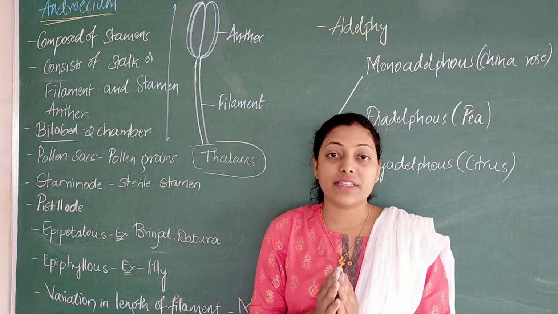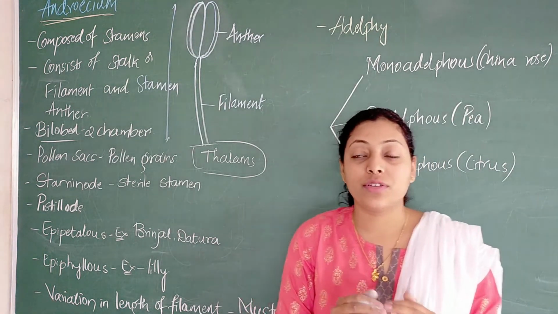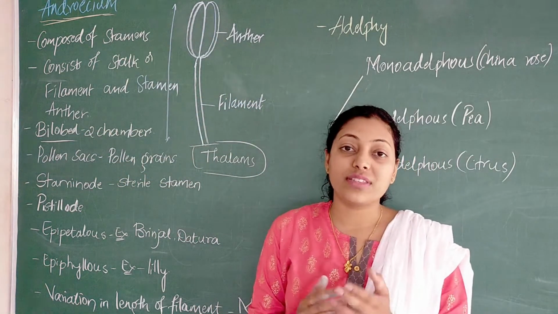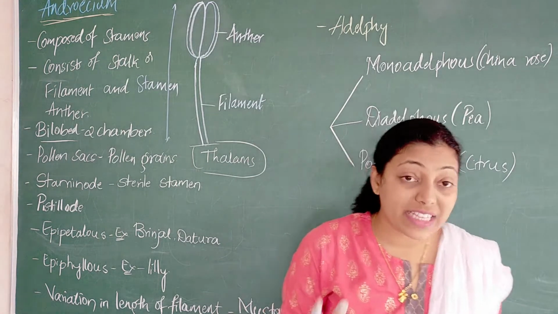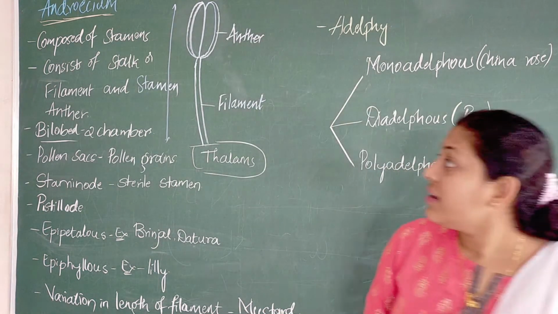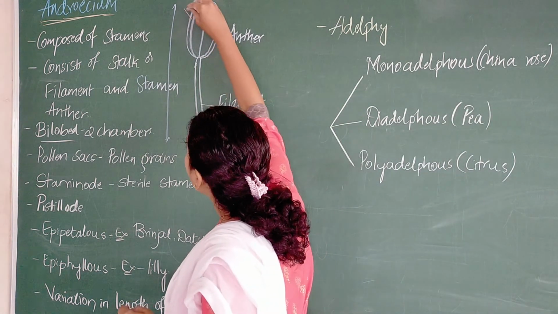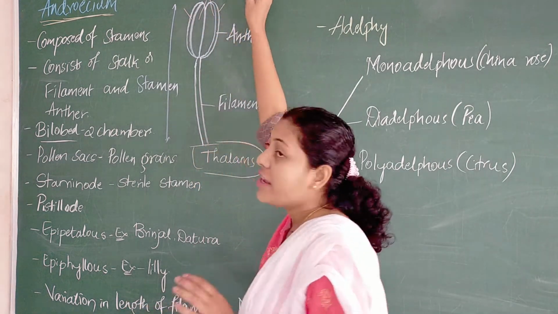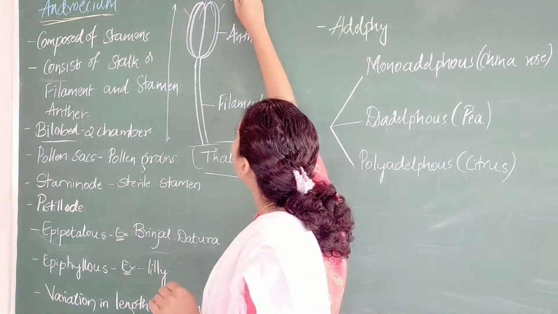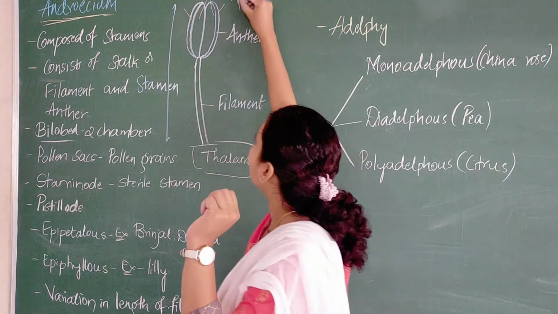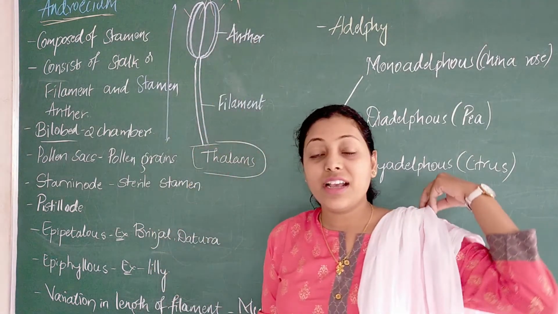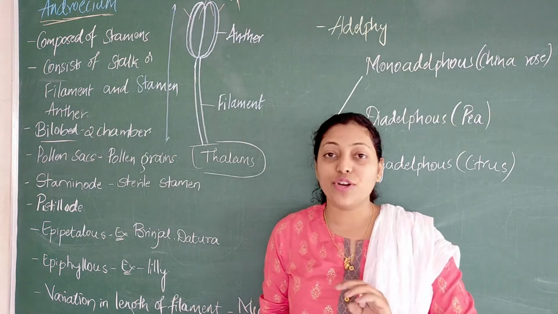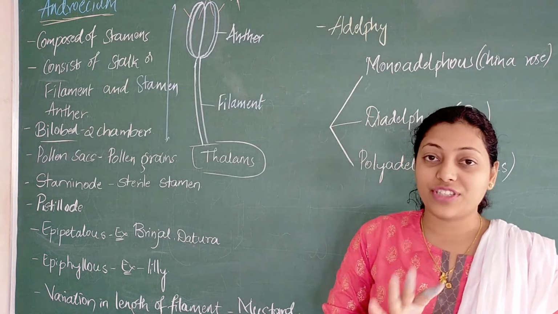2 lobes are present, and these 2 lobes also consist of 2 chambers each. This is one chamber, this is the other chamber, this is one and this is the other. So totally we got 4 chambers and 2 lobes, right? So anthers are basically bilobed and consist of 4 chambers.